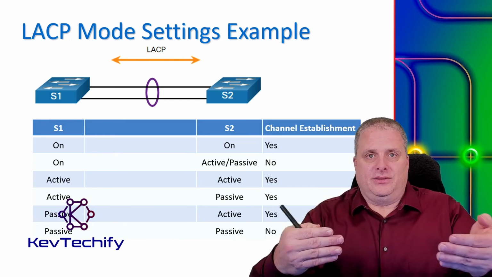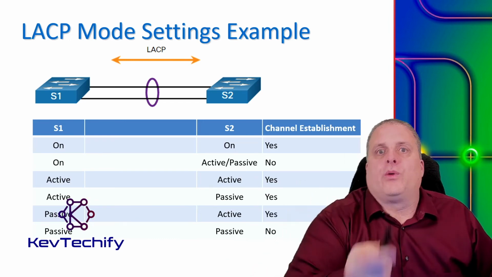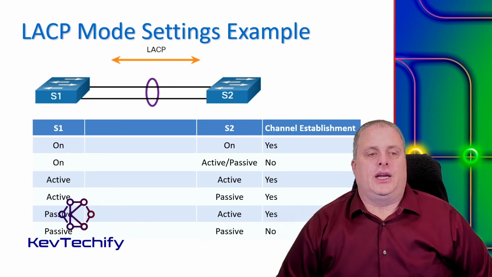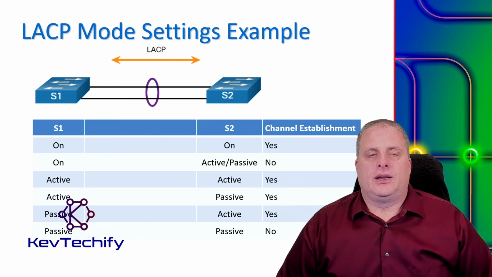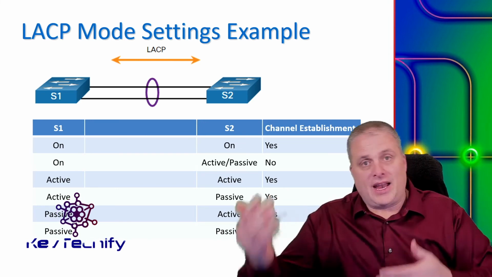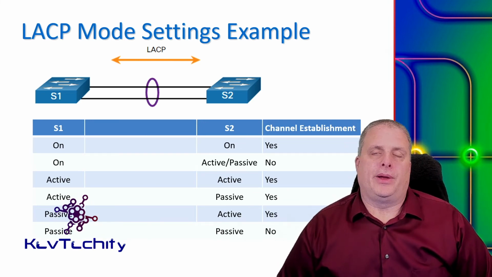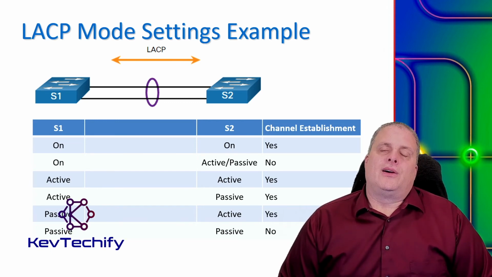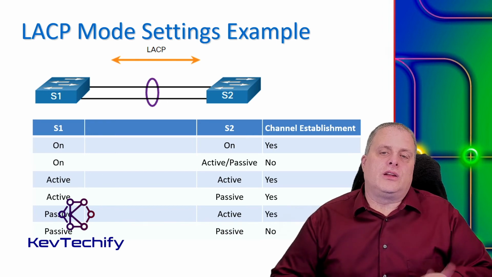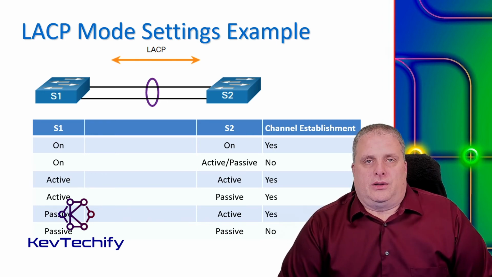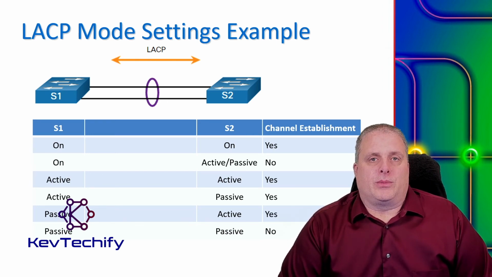If they're both active, they're both saying, hey, I want to create a connection with you, and they will make that connection. If one is active and one is passive, we're going to make that connection. If we switch the sides, passive and active, that connection will be made. But if both of them are just sitting back saying, if somebody starts it, I'll make that connection, there's going to be no EtherChannel established.